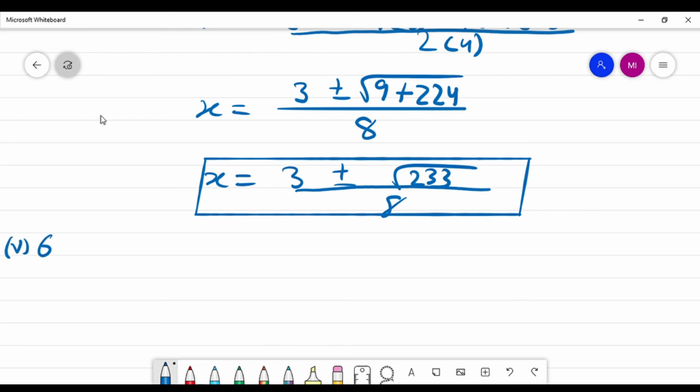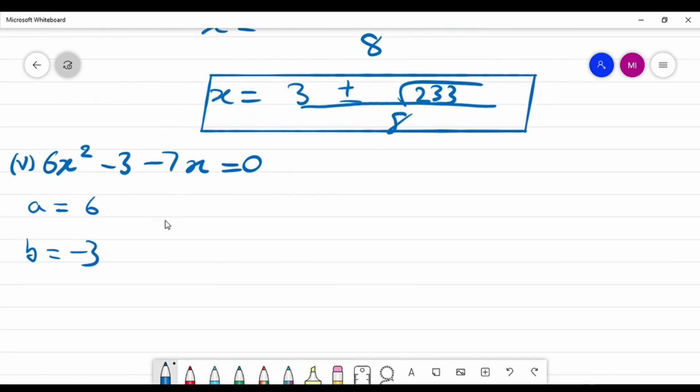So part 5 is 6x squared minus 3 minus 7x is equal to 0. So this is already in standard form. Here a is equal to 6, b is equal to negative 3, and c is equal to negative 7. Isn't that right? No, it's not right. We don't just look at how these numbers are placed.